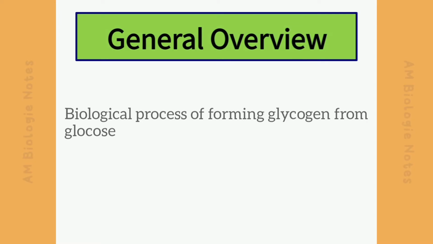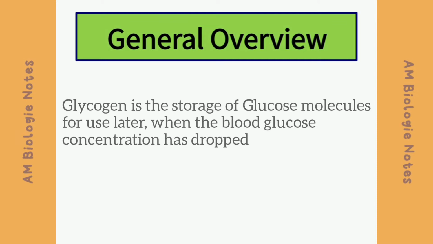Glycogenesis is the biological process of forming glycogen from glucose. Glucose is the simplest cellular sugar. The body creates glycogen through the process of glycogenesis to store this glucose molecule for use later when the blood glucose concentration has dropped.